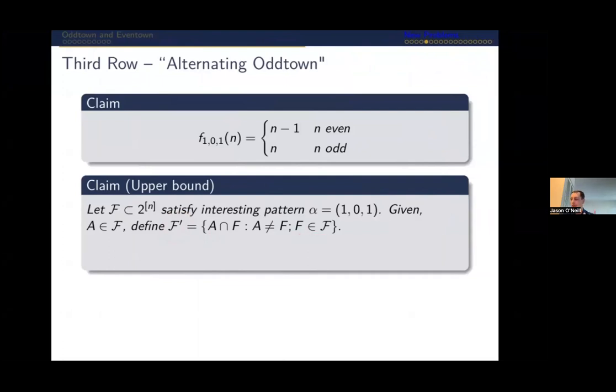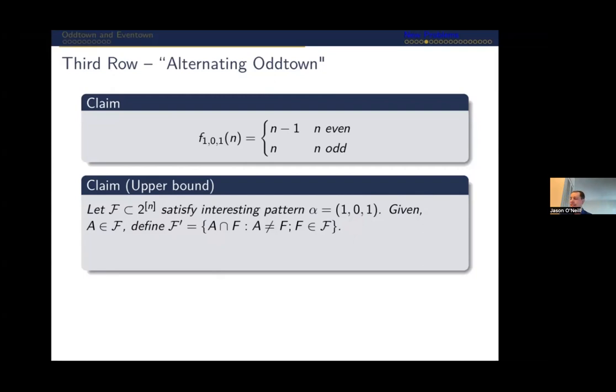This will create a new family, and each set in this new family is going to have an even number of elements, because all sets are pairwise intersections from the old family, and therefore have an even number of elements.